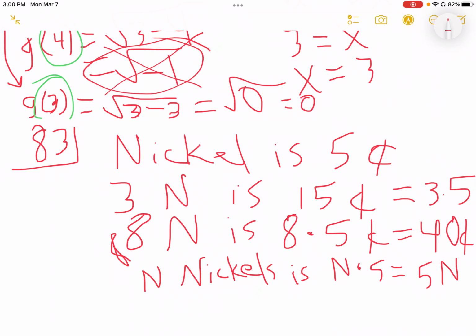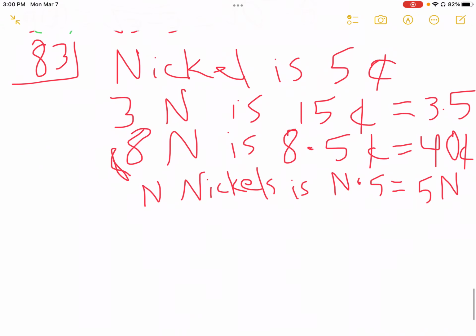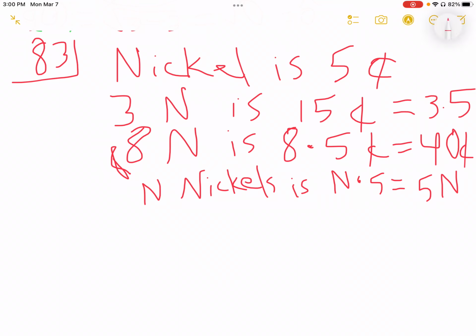So then for all of my other coin values, I could say that d dimes is 10d, right?